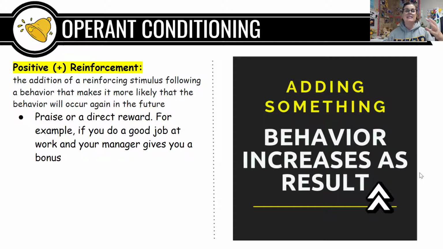And it is the addition of a reinforcing stimulus so that that behavior is much more likely to happen again in the future. Okay, if you do a good job at work, your manager might give you a bonus. Okay, that would be a positive reinforcement.